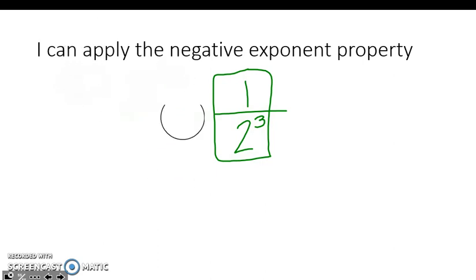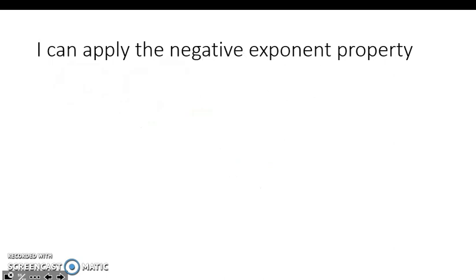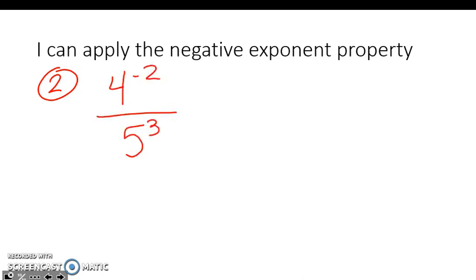All of our final answers have to be written with positive exponents. Now we are only moving negative exponents. If exponents are already positive, we don't need to move them. They're already like the type of exponents that we like, okay? So in this case, 4 to the negative second is a negative exponent, okay? I have to make that positive.